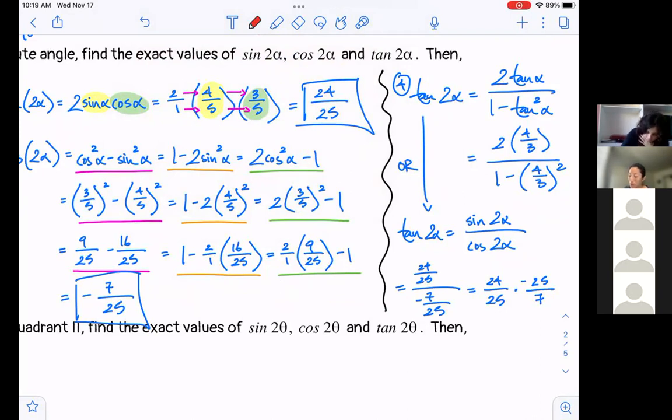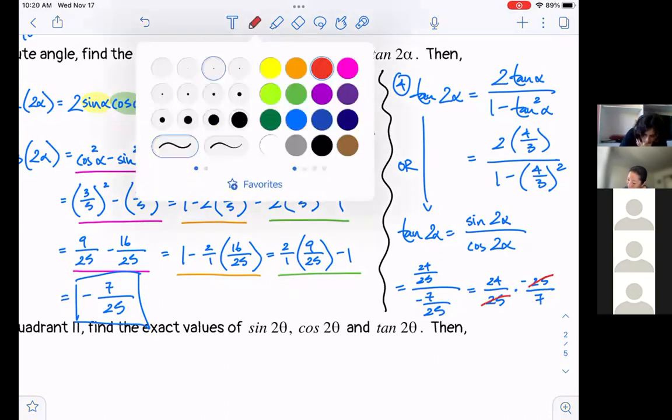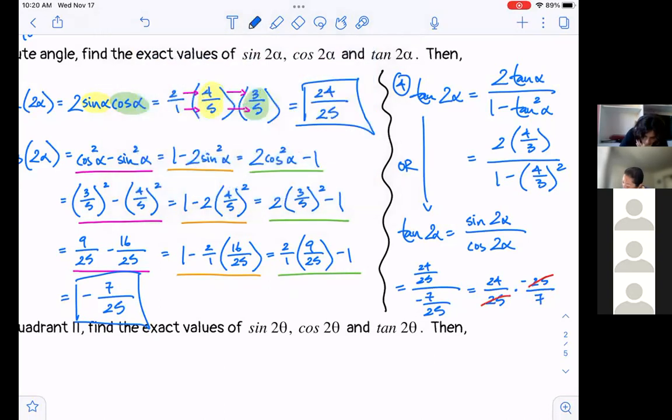What can I reduce before I start multiplying things? You can eliminate the 25. You got it. And therefore, we end up with -24 over 7 for our tangent.